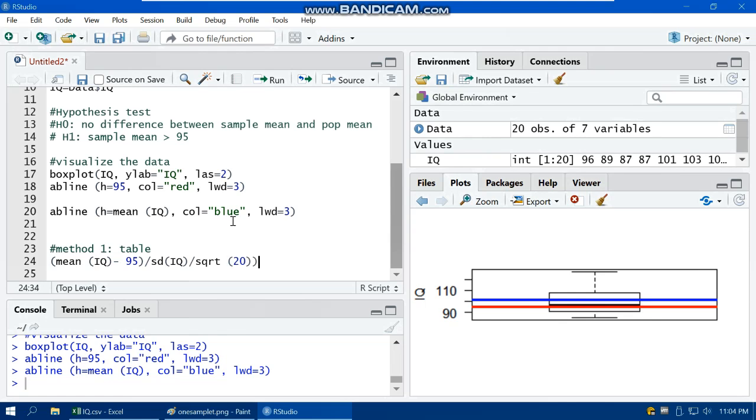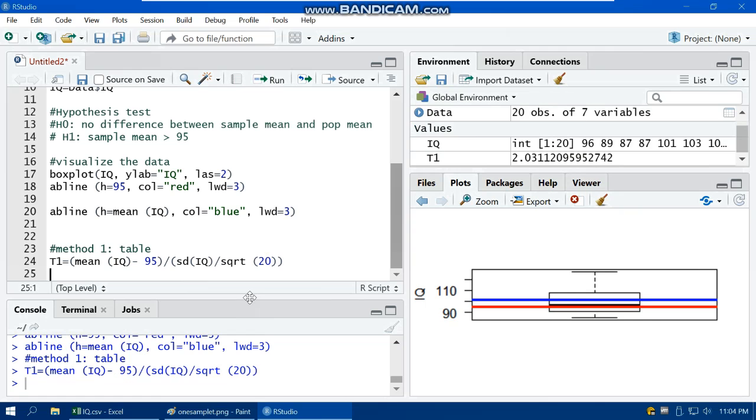And then I put everything in parentheses because I don't want to divide this number only by this number and then divide it by this value. So I put this into the parentheses, and the result will be the t-test. I call this t1, and if I hit run, the t value is 2.03.